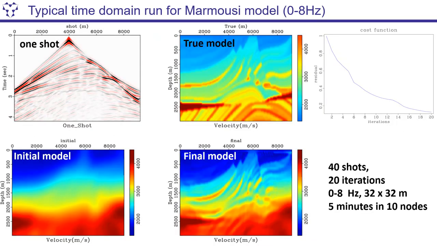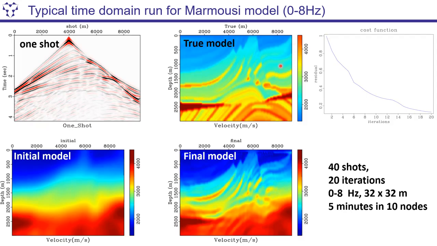So let's see an example of how this works for a simple case of the Marmousi model in 2D. We start with 40 shots that I generated in the true velocity model, and I start with an initial model that is smooth. I do that in 20 iterations. We see that the energy of the error in the predictions is decaying to a fraction of the original, which we normalize to 1.